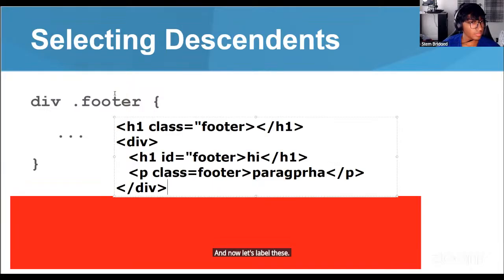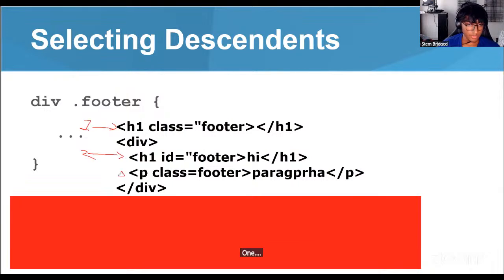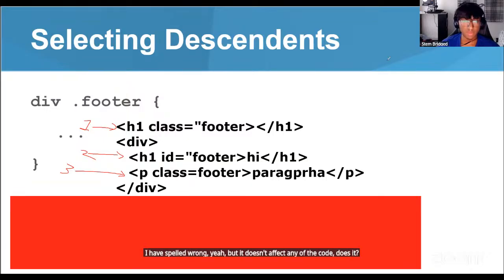Where's my pen tool? There it is. All right, 1, 2, and 3. Paragraph is spelled wrong, but it doesn't affect any of the code, does it? Actually, I don't need to do a poll because then I have to leave the screen share.